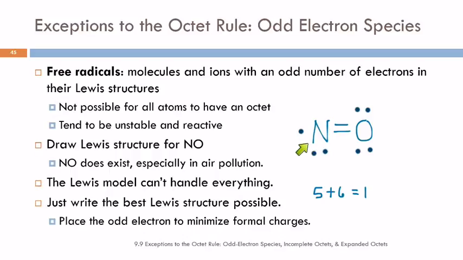2, 4, 6, 7. What if we put that odd electron on the oxygen instead? What if we did it like this? Now the nitrogen's happy and the oxygen isn't.